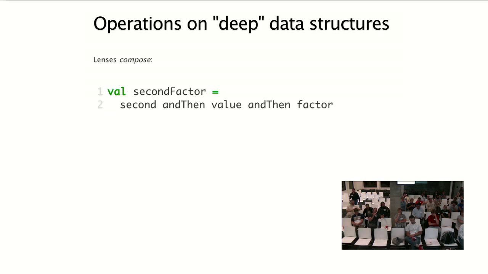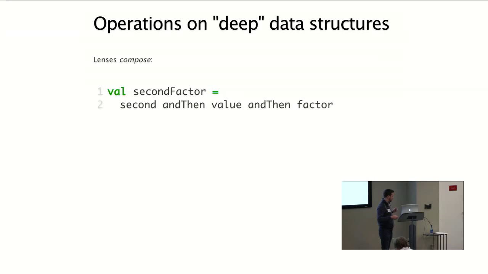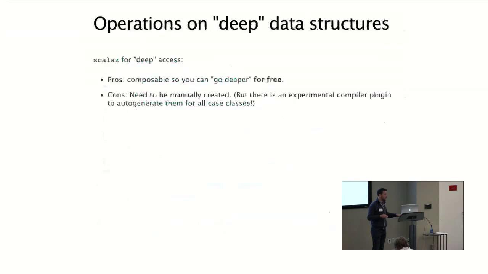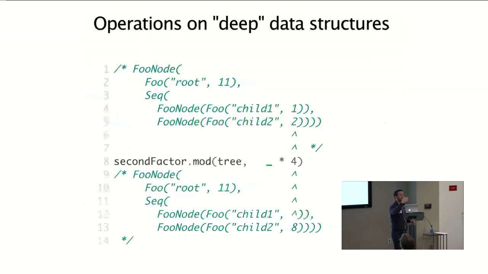So if I'm invoking modify on that tree, the first thing that happens is second, and second modify means give me a node where the children have been changed, and specifically the second one is being changed.